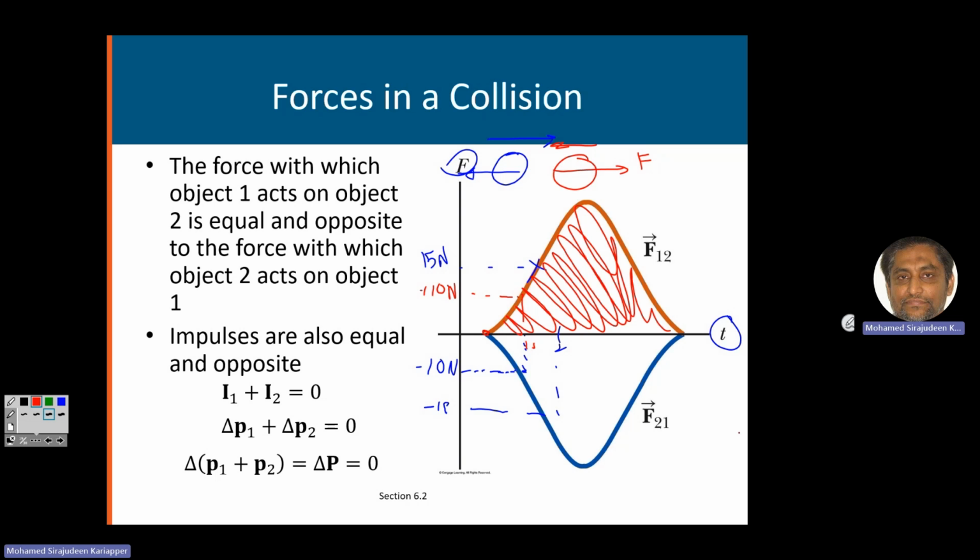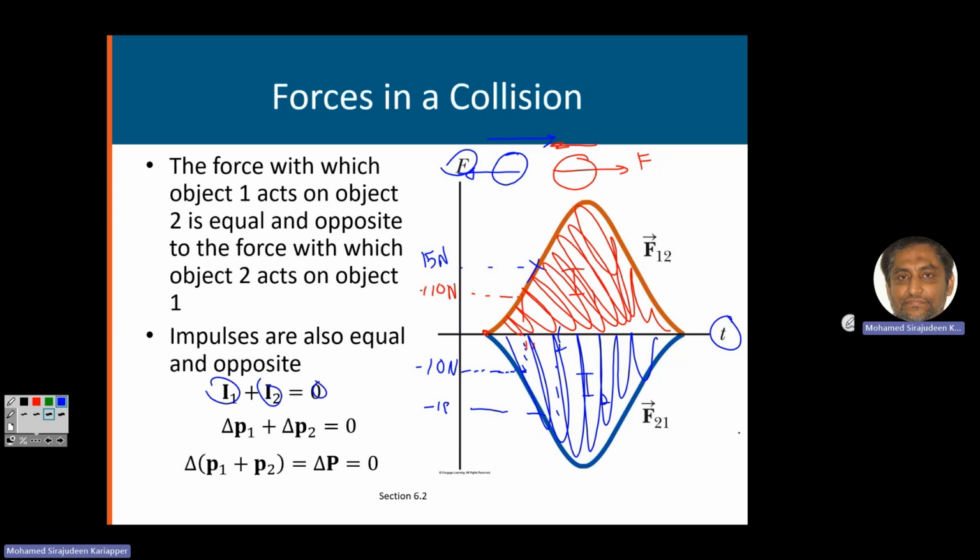So we call it I1. And for the blue ball, the impulse will be this area, say I2. Now you know the areas are equal by Newton's third law, which also means equal but opposite in sign. That means I1 plus I2 will be equal to 0.